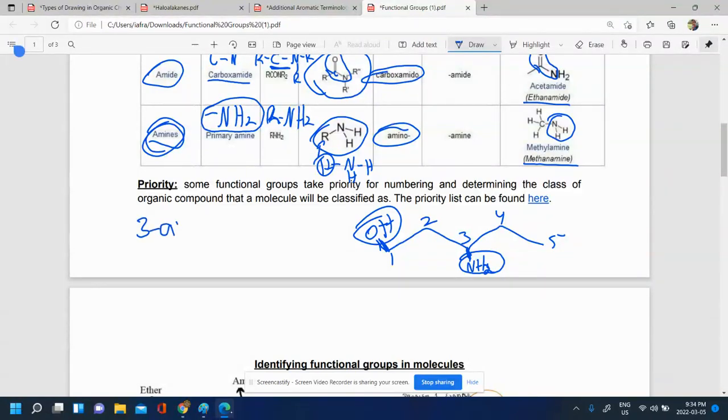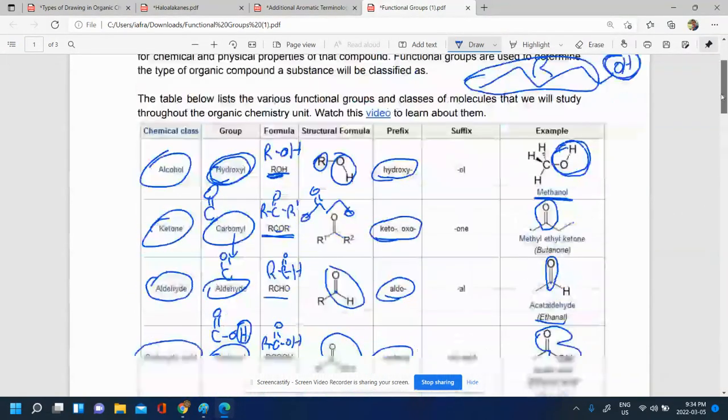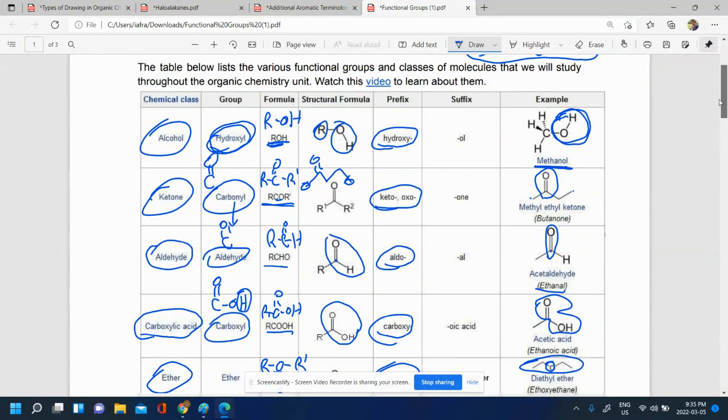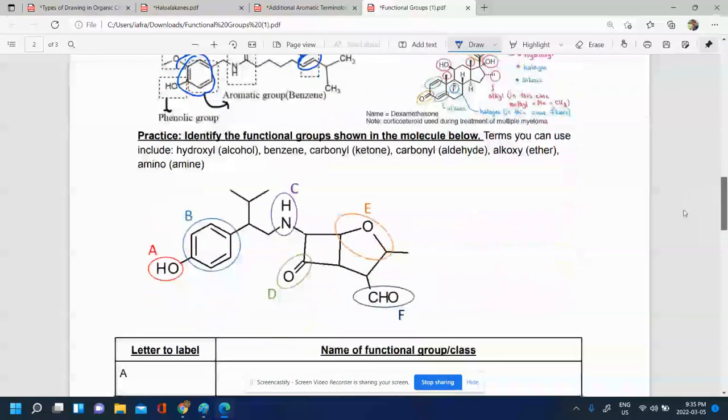So it's 3-amino pentanol. If I didn't have this OH here, then I would have this as an amine because there's no OH to take priority over it. So that's how that priority list works, and that's how the substituent name for each one works as well.